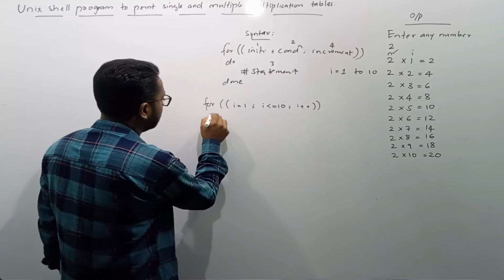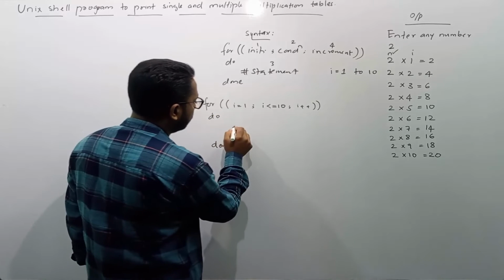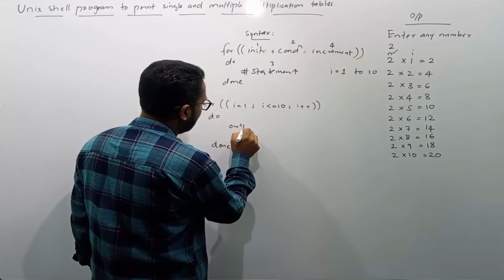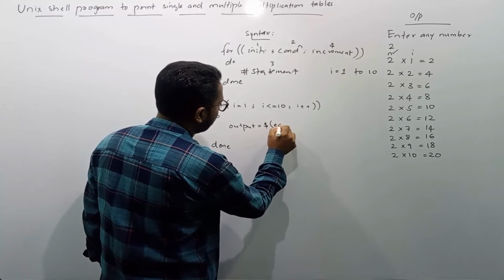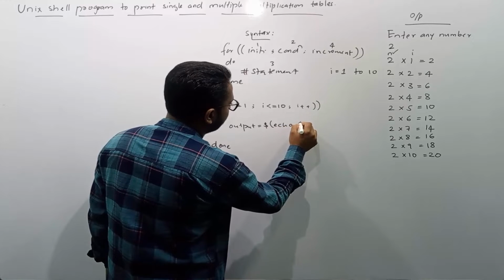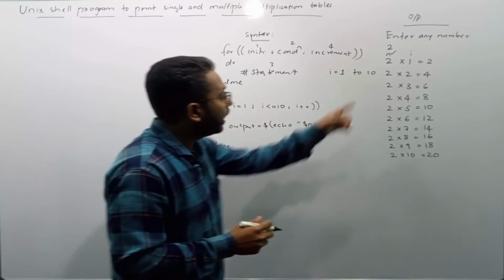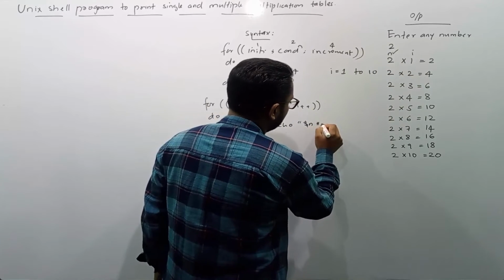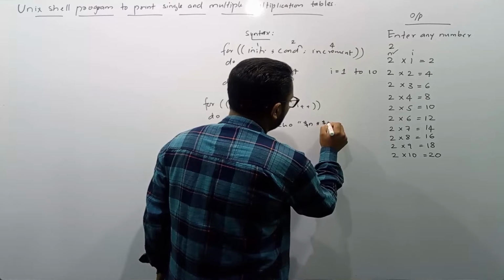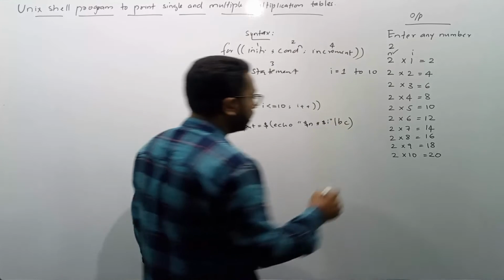Then do, and here done. Now I want to create the output. Output is equal to dollar, echo, double quote, dollar n. I want to multiply the n value with the I value: n multiplied with I, double quote close, pipe bc.